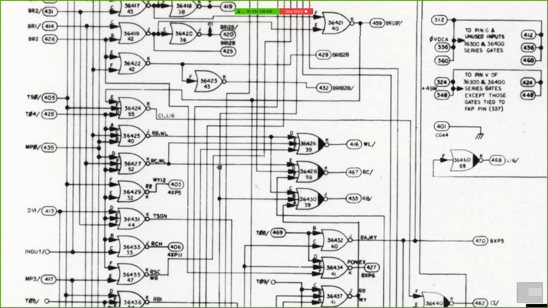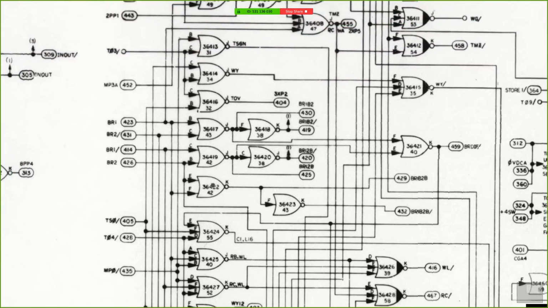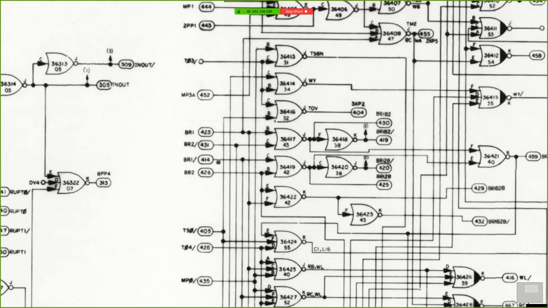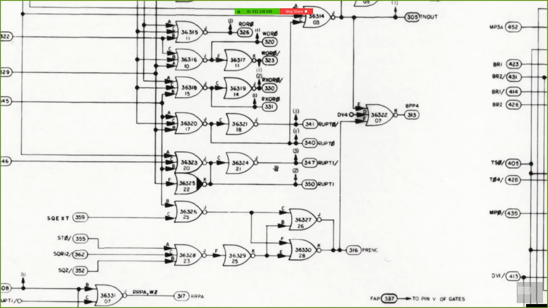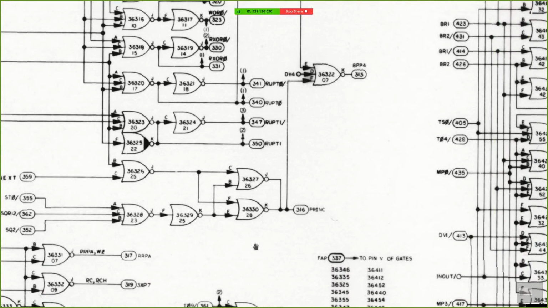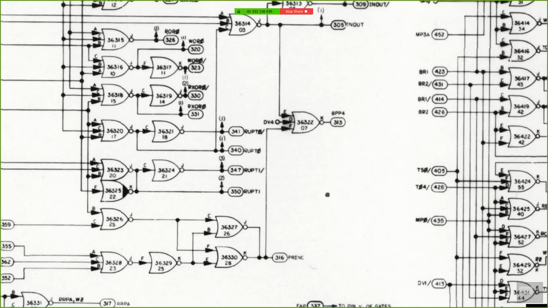What's something that jumps out? There are very many different inputs and outputs. What kind of gates do we see? They're all NAND gates, right?